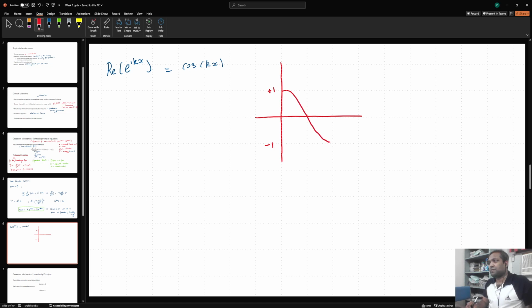Yes, it's going to be like this, and it will oscillate ad infinitum, all the way to infinity. So this is my x-axis, this is my y-axis. At x equal to 0, this quantity is going to be 1, and it will hit 0 at a certain point, and it will rise up over here. For the full period, let me extend it. Let us say it reaches 1 over here.